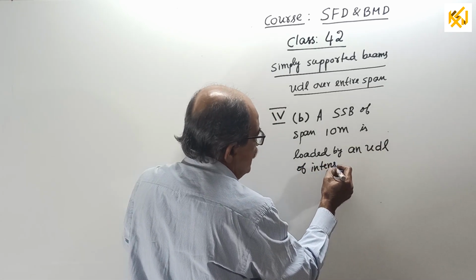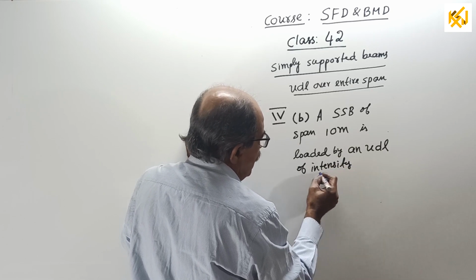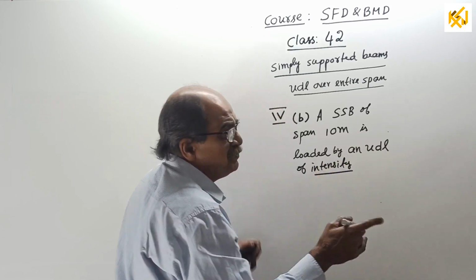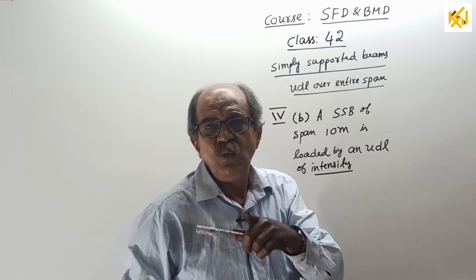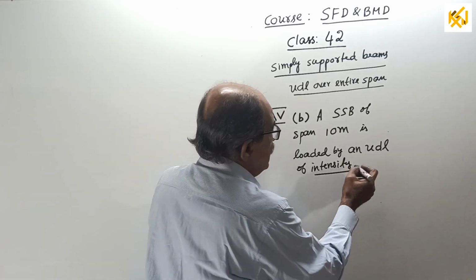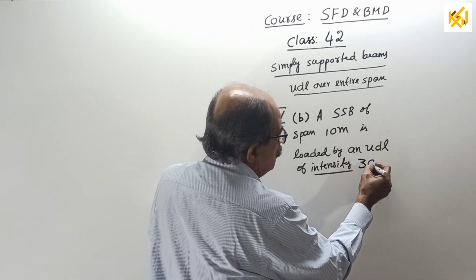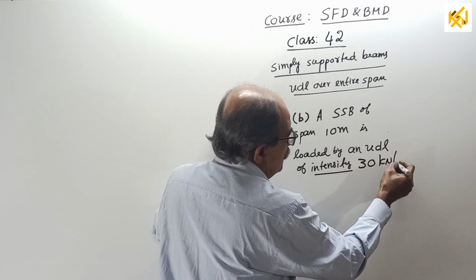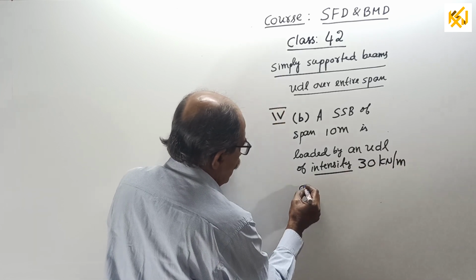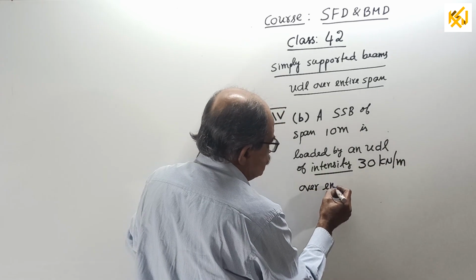Very important, I will tell you afterwards why. The word intensity is important. See a little later why it is important. Intensity, say for example, 30 kilonewton per meter over the entire span.